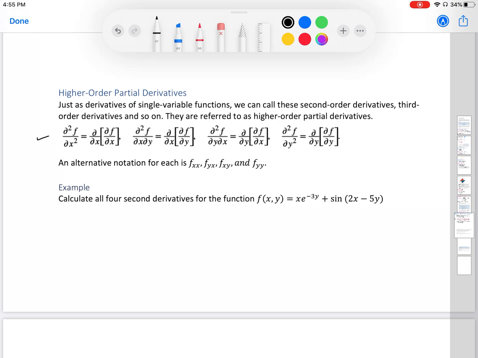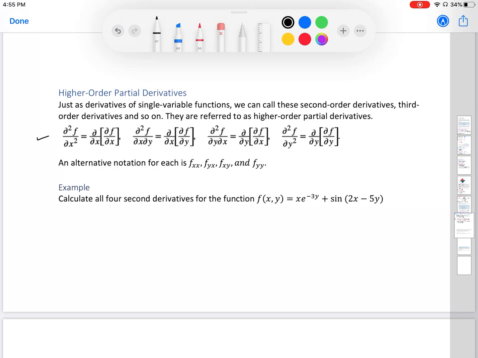Next example, calculate the four second order derivatives for our function f of x comma y equals x times e raised to the negative 3y power plus sine of 2x minus 5y. Okay, let's go ahead and work this out.